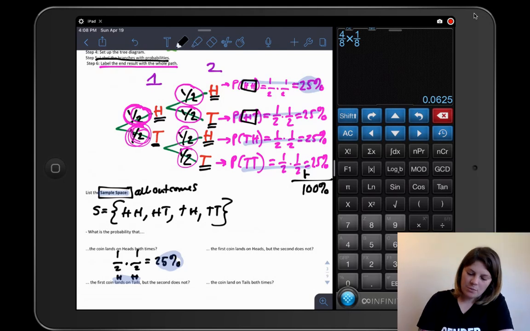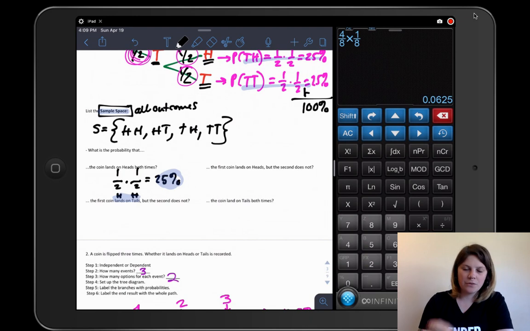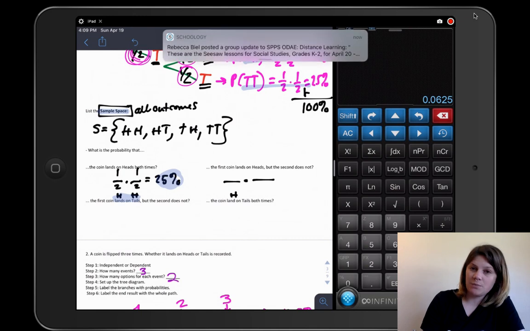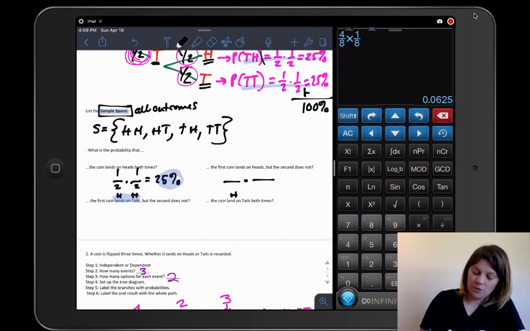Okay, so let's go through these next ones a little faster. Hopefully you can see the pattern that's emerging. The first coin lands on, well, we have two situations. And then we say the first one lands on heads, but the second one does not. So that would be the same thing as saying tails. And because there's only two options, right?